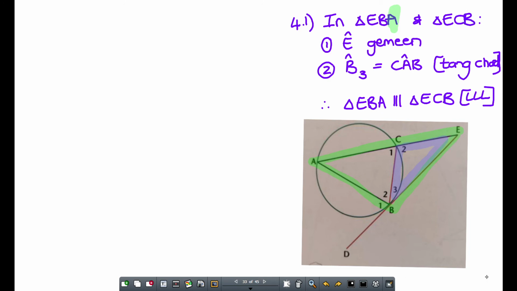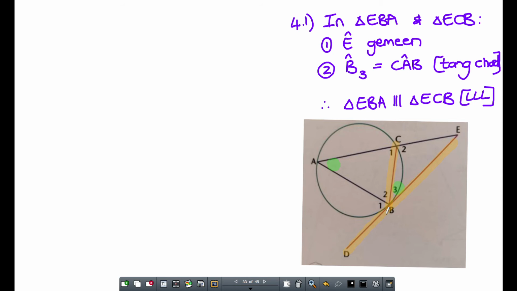Now look, in other words, what we're saying is angle A will be the same as angle B in the small triangle, which is actually B3. And when I did that, I immediately saw, what is that forming? Have a look. There's my tangent. There's my chord. Look, can you see B3 is the angle between the tangent and the chord? Do you see that?